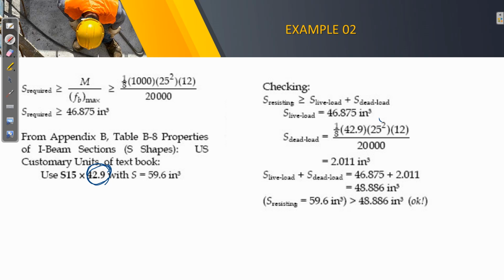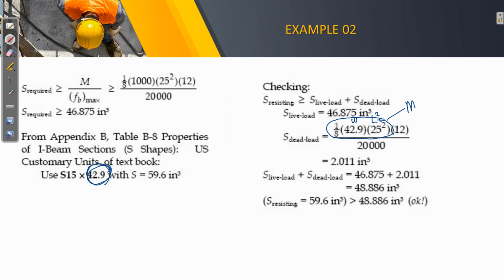This will now be your uniformly distributed loading all over a simply supported beam. Again, we apply WL squared over 8, where this is W, that is L squared, and that is 8. This is the maximum moment. Again, we convert it in terms of inches and divide it by 20,000.